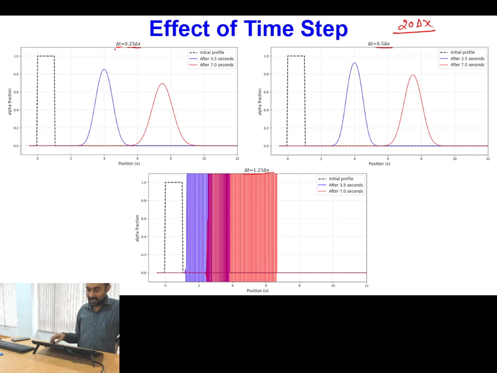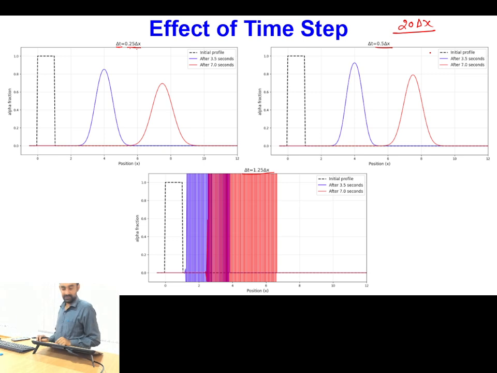But here you can see that for the same grid size, when I maintained delta t equal to 0.25 delta x and 0.5 into delta x, with 0.5 into delta x the spread is relatively narrow, but with the very small time step the spread is more.